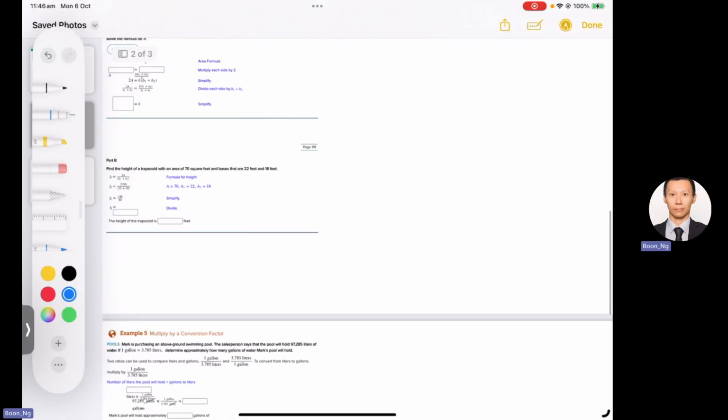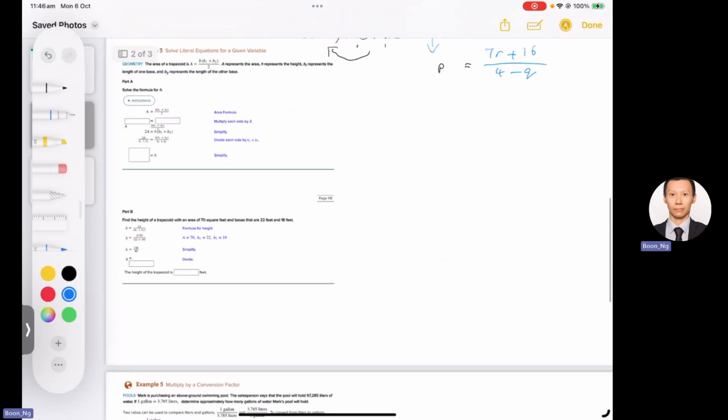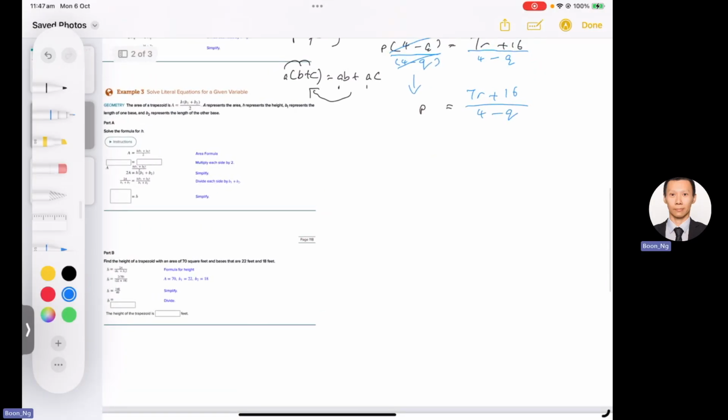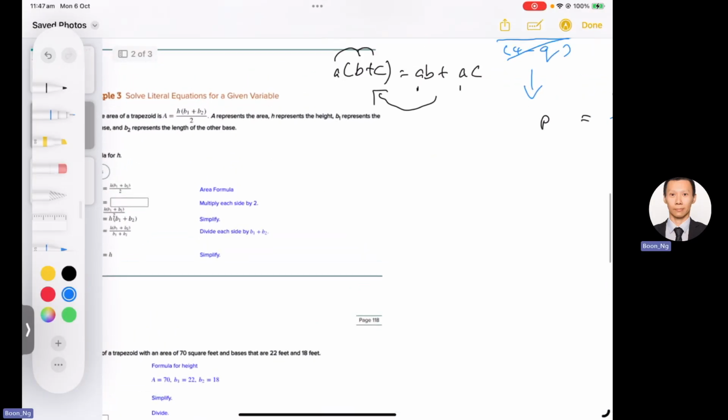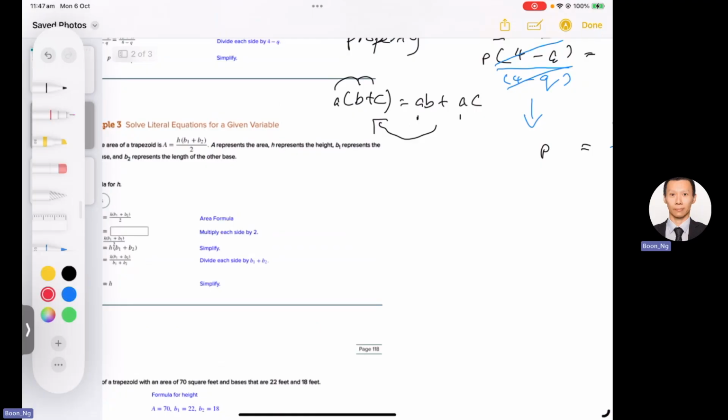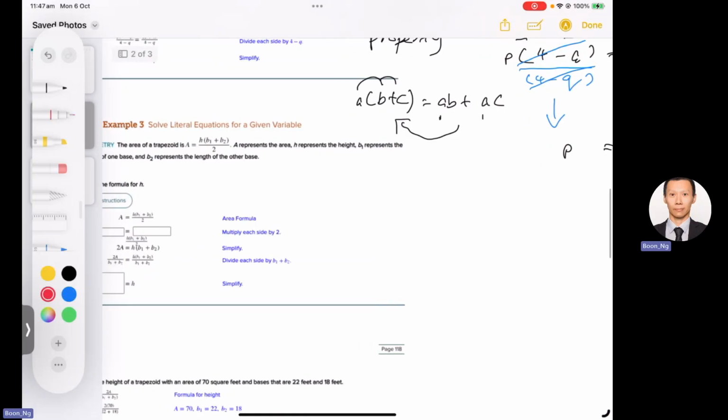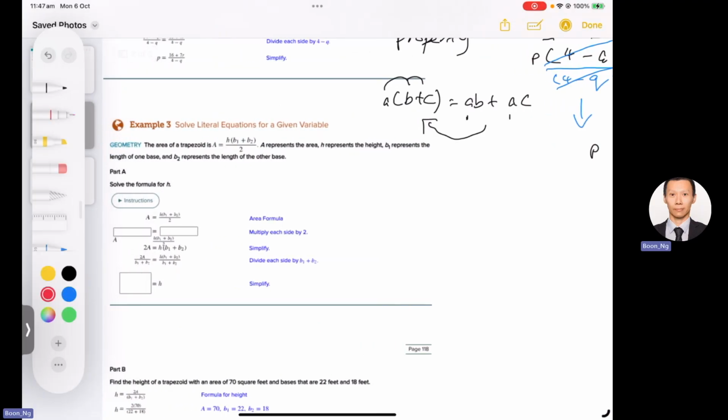Now moving forward, we have a trapezoidal area formula as this one. Let me copy over.